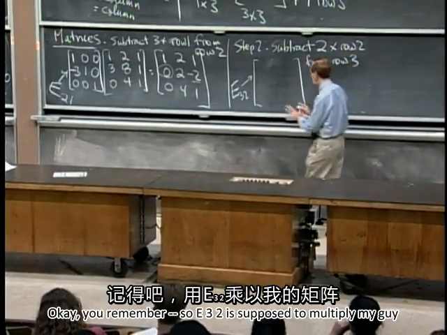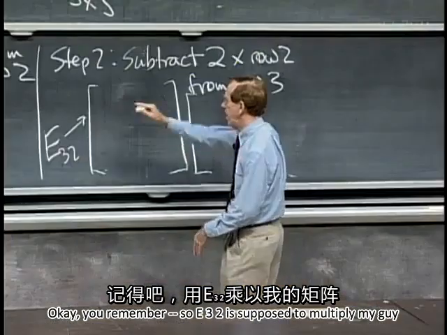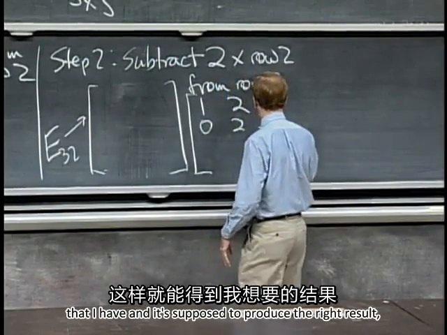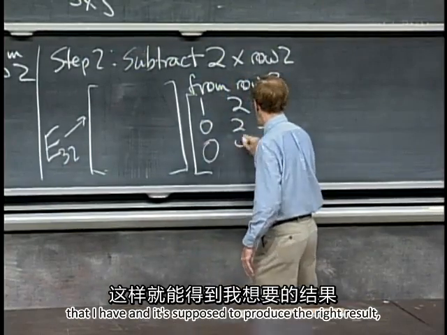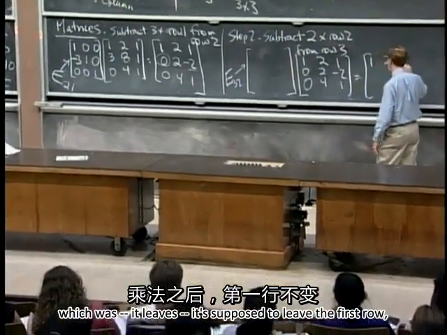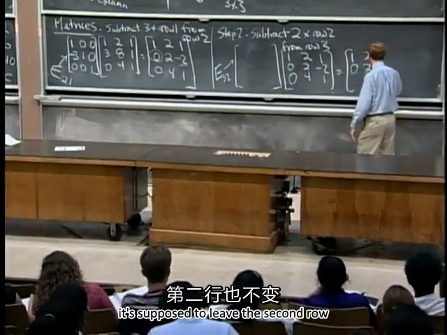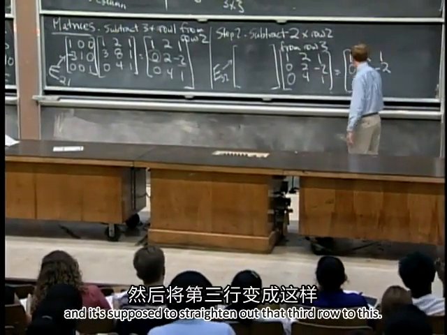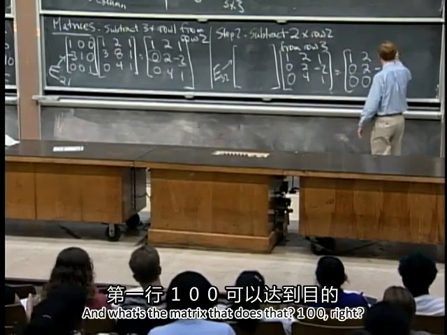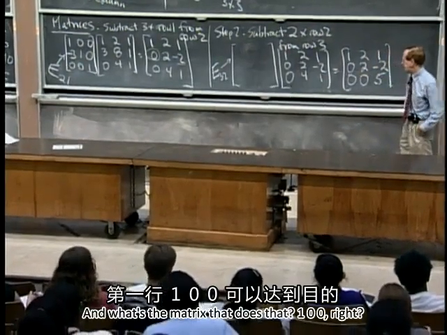E32 is supposed to multiply my guy that I have, and it's supposed to produce the right result: leave the first row, leave the second row, and straighten out the third row to this. And what's the matrix that does that?